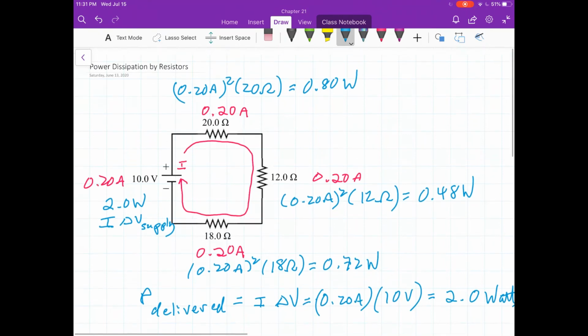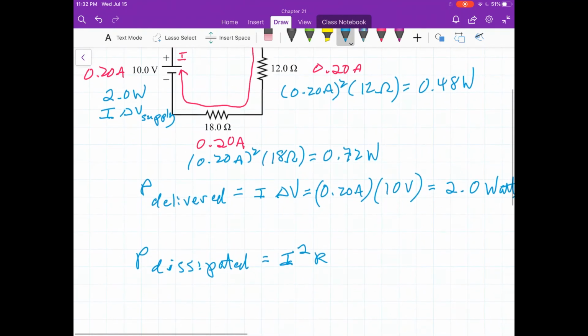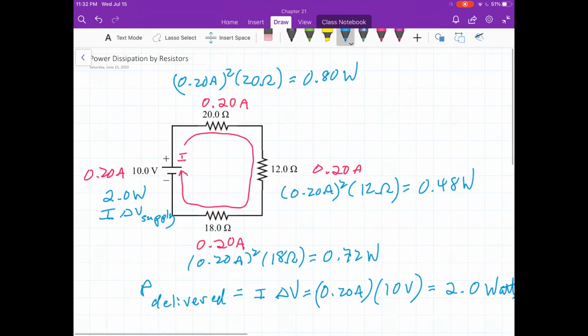For the resistors, there will be some problems where it's more convenient to use another form, like if you know the voltage across the resistor, you can use the delta V squared over R. But often it's more natural to solve for the current first. From the current, you can get the voltage, the I times R. But if you have the current, for the power dissipated, I like to use I squared R. So 0.2 amps squared, 20, get 0.8 watts, 0.48, 0.72.